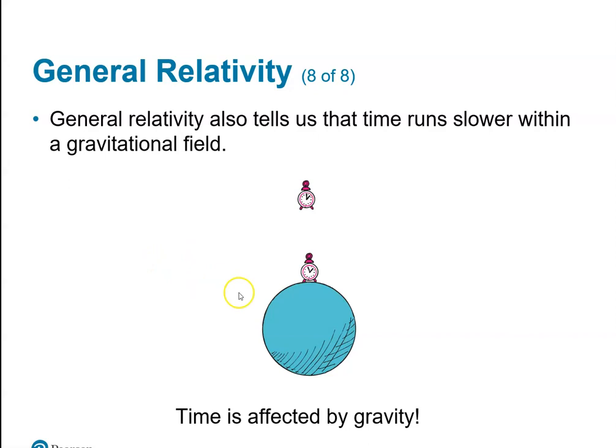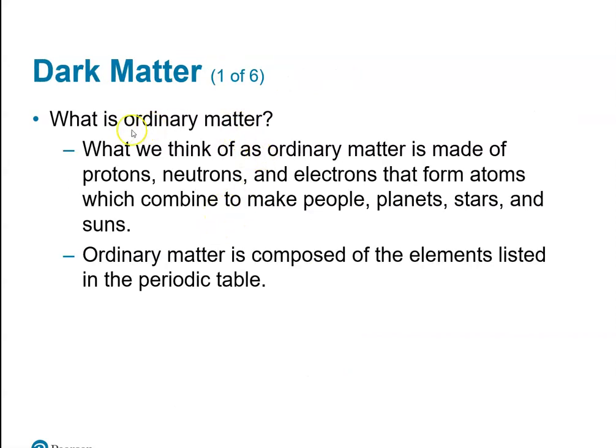Like for example, if you got close to a black hole, that would be a very noticeable difference in the flow of time. Right? So the closer you got to the black hole, the slower time would go by. And then right at the edge of the black hole, the time would basically stop. In fact, that's how we define the edge of the black hole, called the event horizon. All right. So anyhow, that is Einstein.